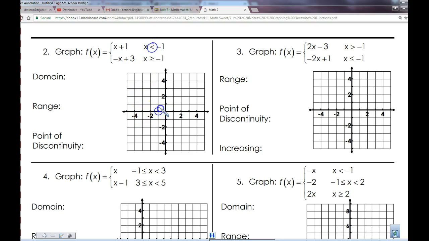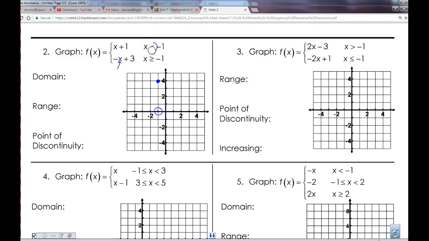So we have an open circle there, and we're going to go some direction from that spot. Now let's also go up and look at the other part of the function. This point of discontinuity at negative 1, so I plug the negative 1 in right here, and the opposite of negative 1 is 1. 1 plus 3 is 4. So this piece starts up here at 4. And because we are greater than or equal to, it's a solid dot. So solid here, I probably made this one a little bigger than I should have. Open circle here.